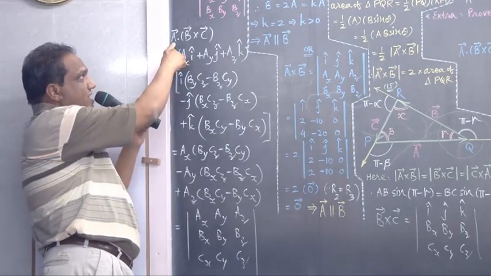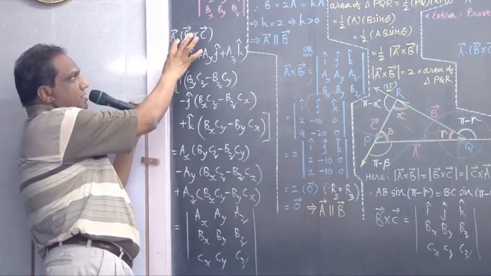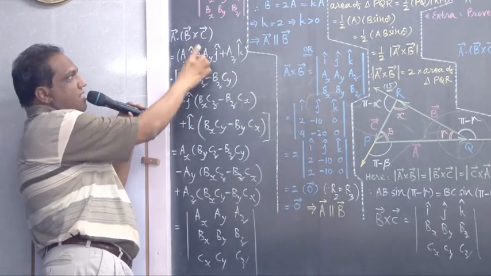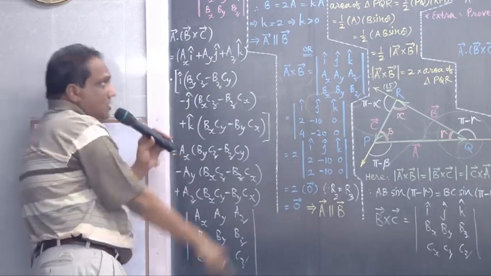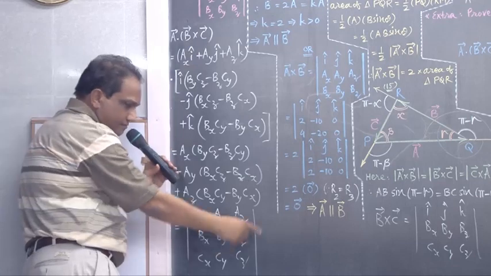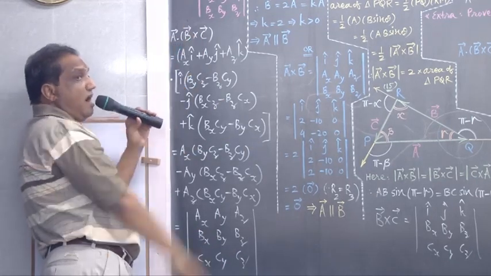So components of the first vector come in the first row. Then here it is dot, here it is dot, mind well, and here it is cross. Components of the second vector come in the second row. Components of the third vector come in the third row. Suppose it is vector p dot vector q cross vector r.